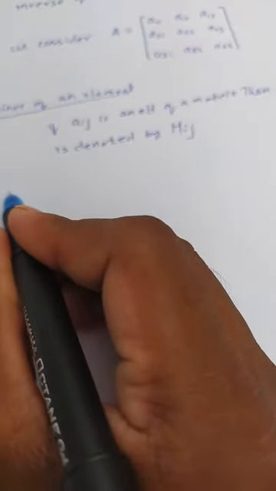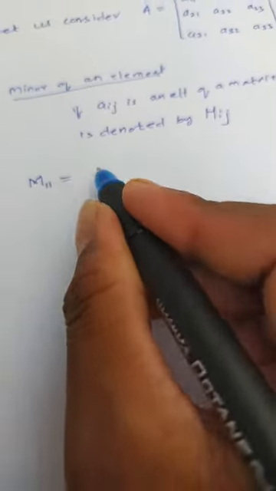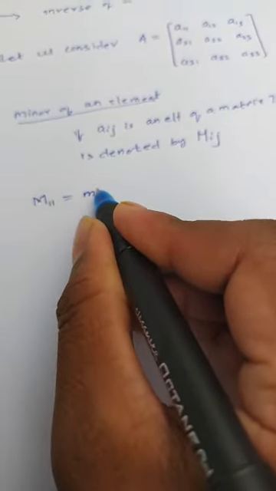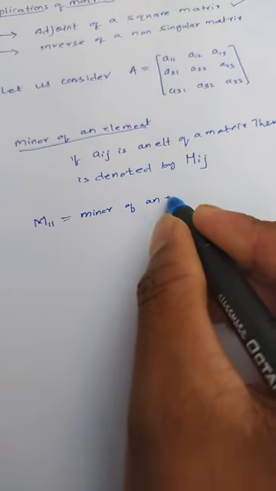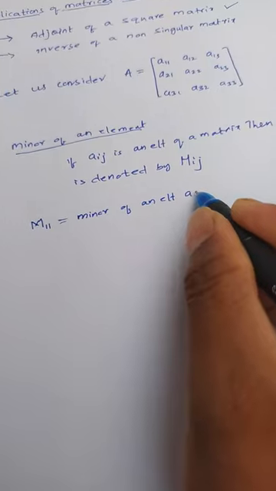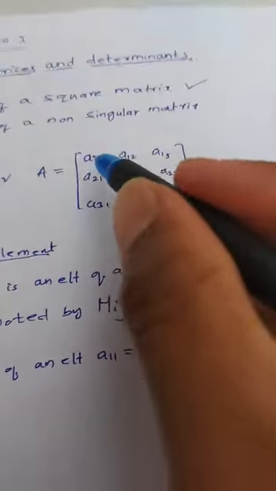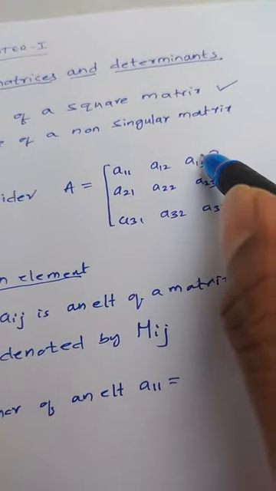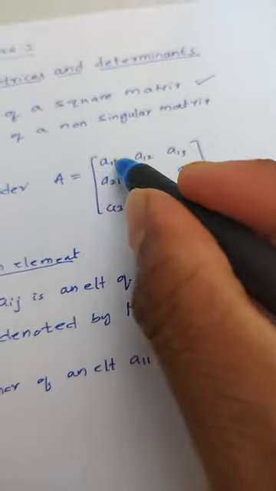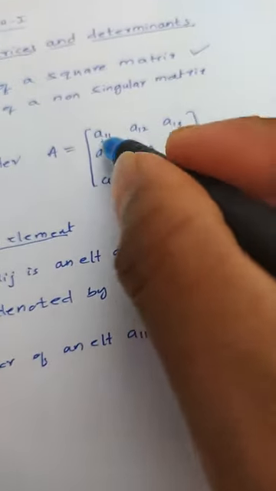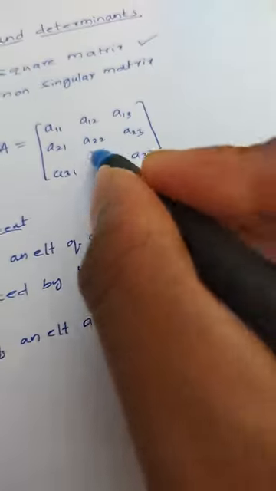The a11 minor is denoted by capital M11. So capital M11 is nothing but the minor of the element a11. How to find the minor of a11? For that you have to remove the first row which contains a11 and the first column where a11 lies. So I am going to remove this column and this row. Automatically you will get these 4 elements.